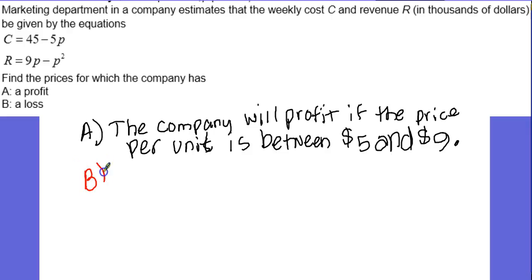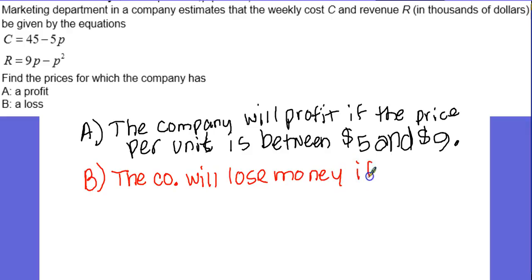B, switching to red because it's my loss. Starting with the same sentence structure, the company, I'm getting lazy, so I'm going to write co, will lose money if the price per unit, I'm going to go PPU for price per unit. You guys okay with that?